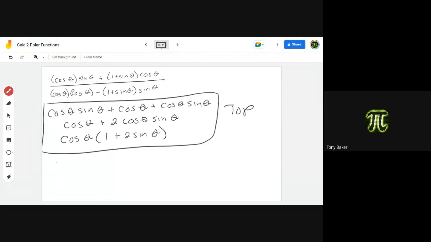So my bottom, I have cosine squared θ minus sine θ minus sine squared θ.